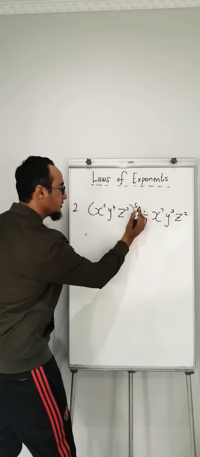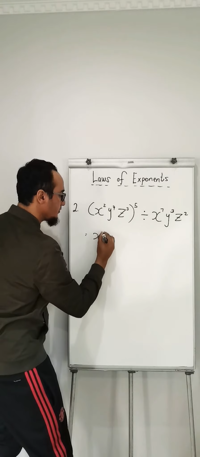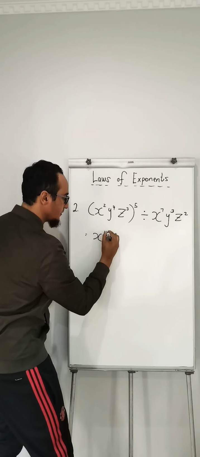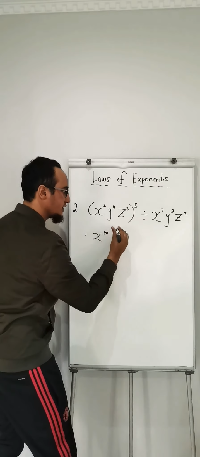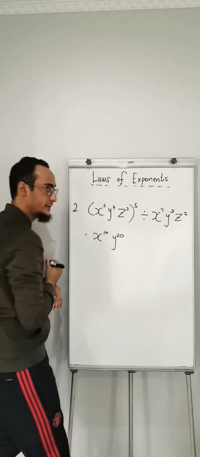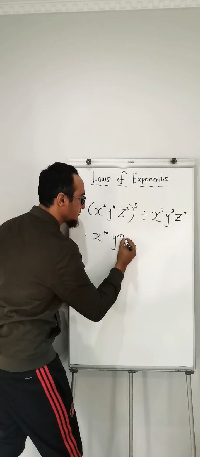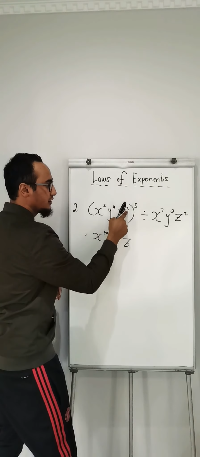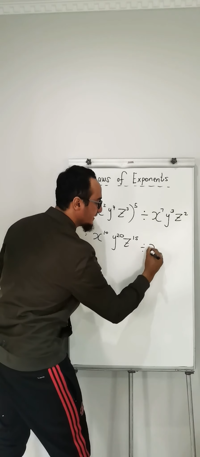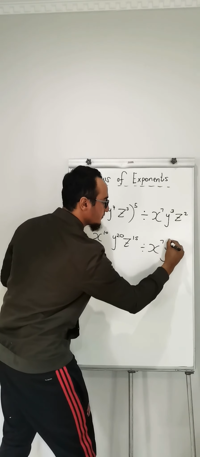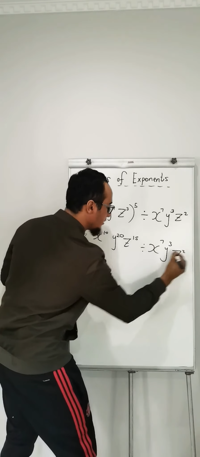So 2 multiplied by 5: x to the power of 2 times 5 is 10. Y to the power of 4 times 5 is equal to 20. And the last one, which would be equal to z, 3 times 5 is equal to 15, and divided by, I leave this for now, z to the power of 2.